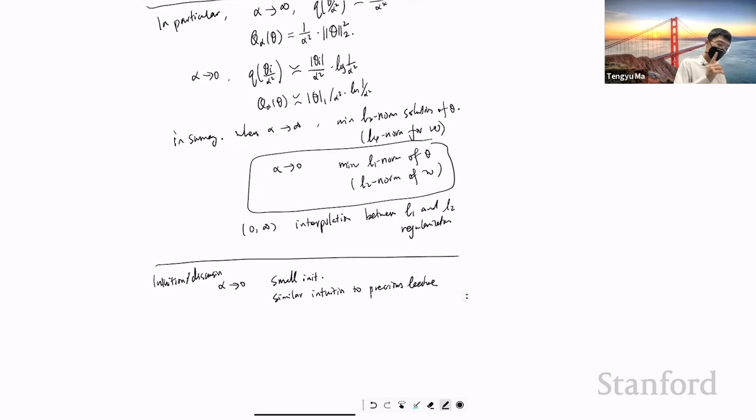But there is a small note: it's not exact. This is only when you go to the limit, right? So you have the minimum L2 norm solution. But when alpha is not 0, the regularization effect is not exactly the closest solution to initialization.